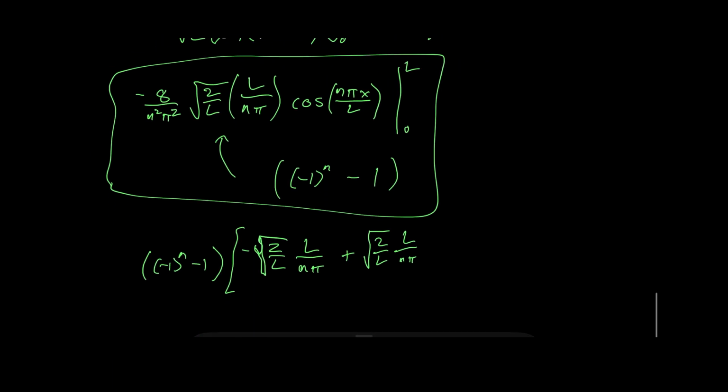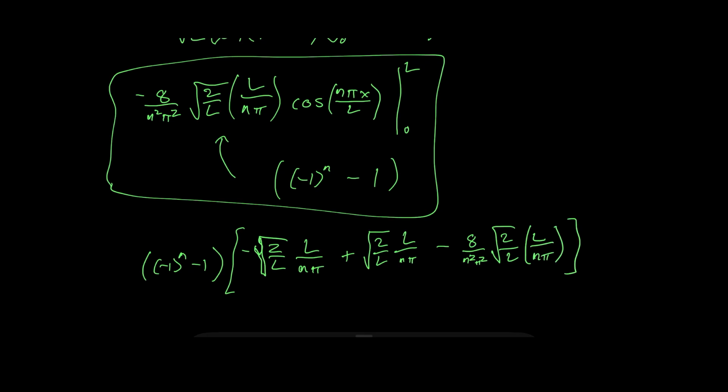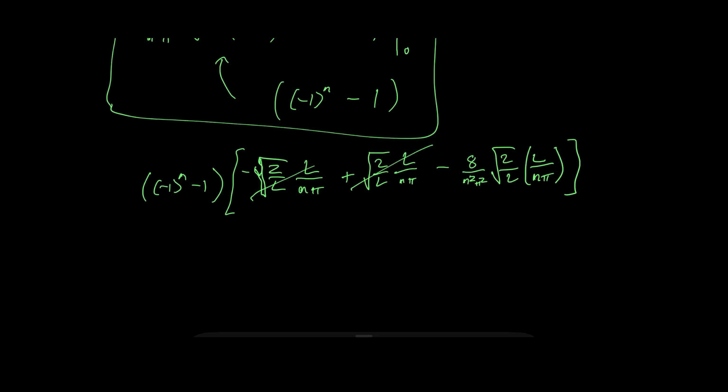Okay, minus 8 over n squared pi squared, square root of 2 over L, L over n pi. So these two cancel, which is nice. And then we get this. So your answer is negative 8 over n squared pi squared, square root of 2 over L, L over n pi.